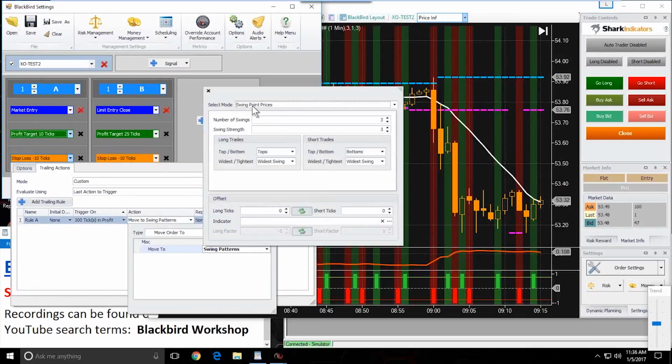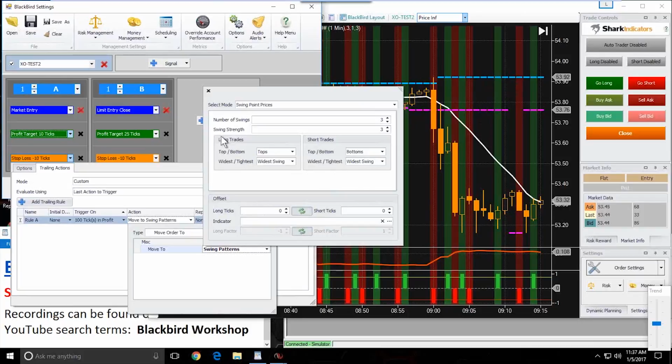So again, okay, the swing point prices. You'll notice that the number of swings and swing strength, these are all parameters within the SI swings highs lows indicator, right?